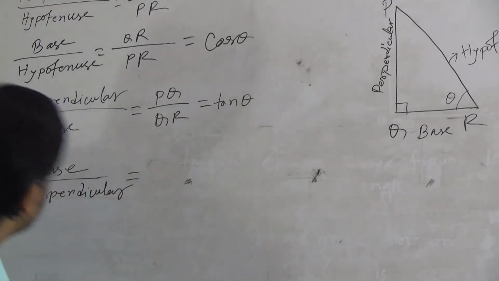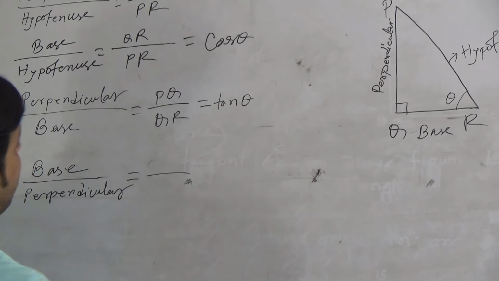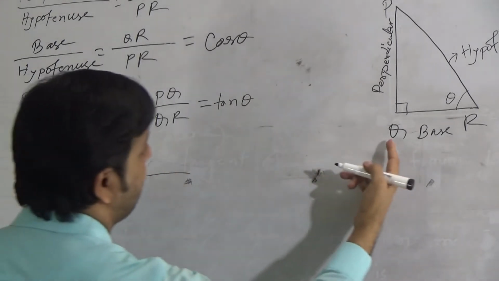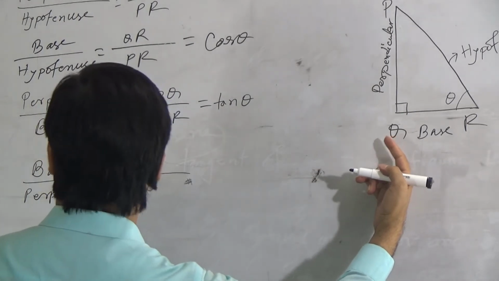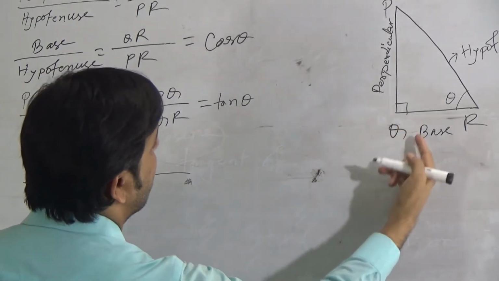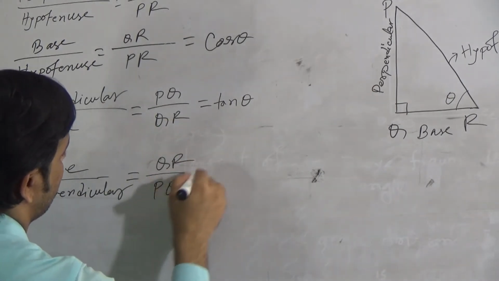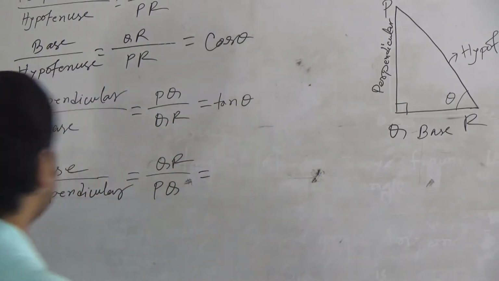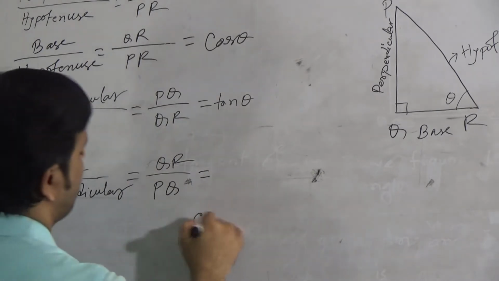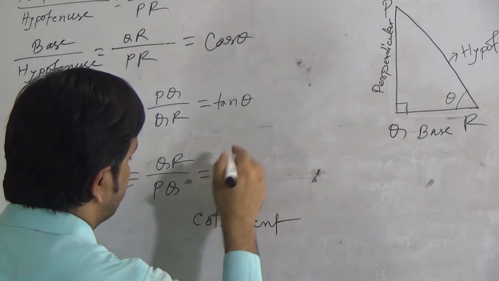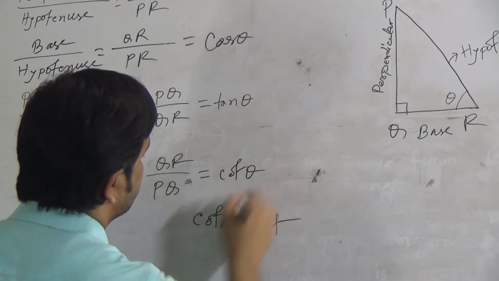That is known as base ratio perpendicular, means we can write here base is QR, perpendicular is PQ, so we can write this as cotangent. In short, we can write here cot theta.